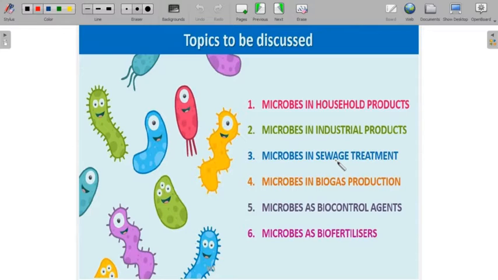It can be biodegradable or non-biodegradable, such as medical waste, kitchen waste, paper pulp waste, and office waste. Even human body waste is nothing but sewage water. How is it treated? And also gobar gas: how microbes are involved in biogas production, and microbes as biocontrol agents.